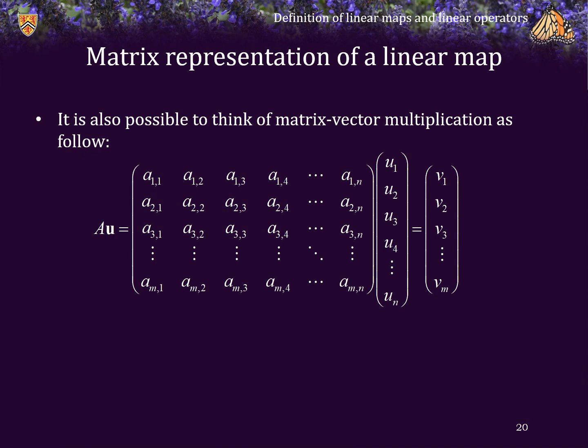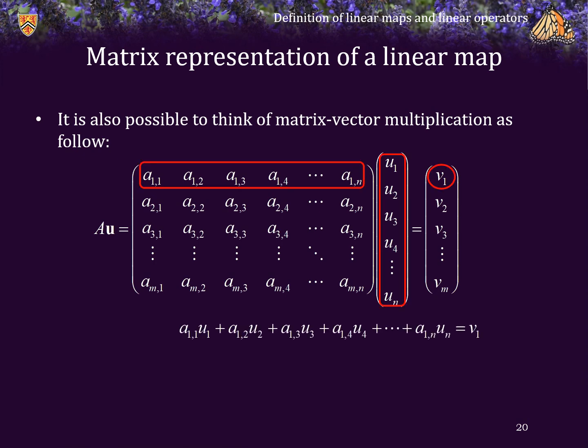Well, to get the first entry, we consider the first row of A and the vector u, and we calculate the pairwise products and sum them up. So A11 times u1 plus A12 times u2 plus A13 times u3 plus A14 times u4 plus so on and so forth up until we add A1n times un.